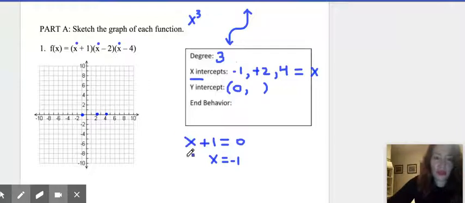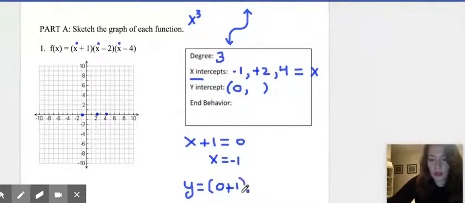So using this equation, I'm just going to write that y equals 0 plus 1, 0 minus 2, and 0 minus 4.